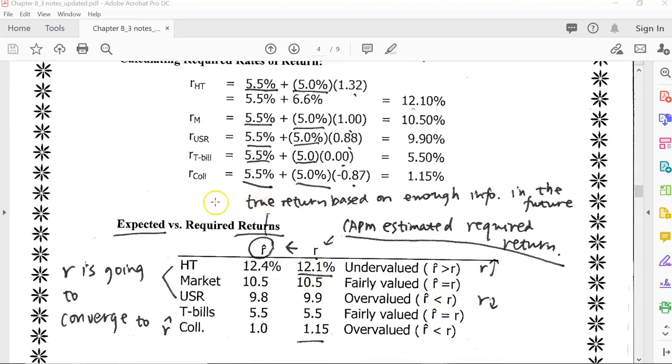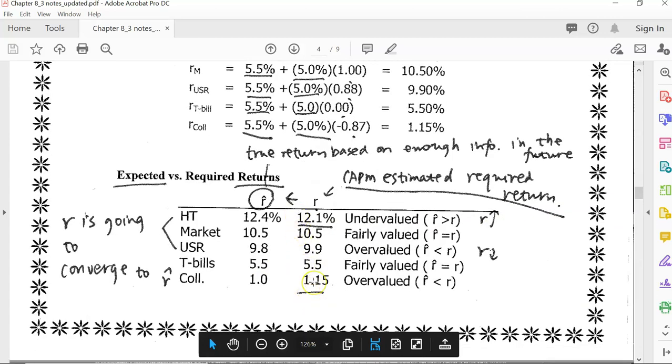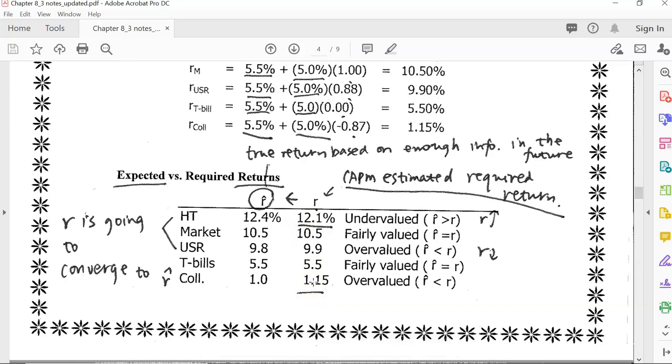The stock return we estimate from the model, we call it Ri, the required return of the stock, or CAPM estimated required return. These 5 numbers are estimated by using the model, the required return estimated from SML or CAPM.